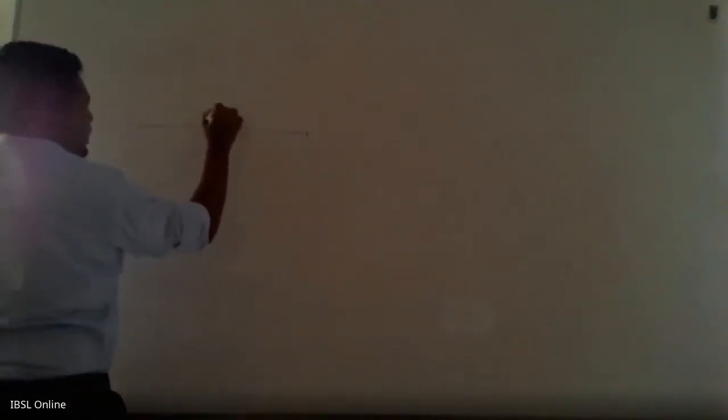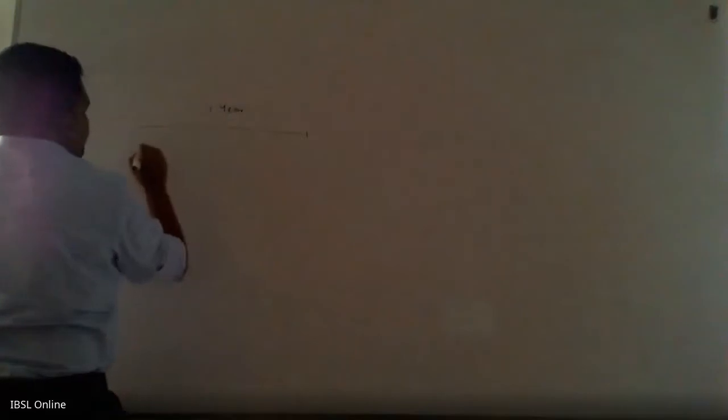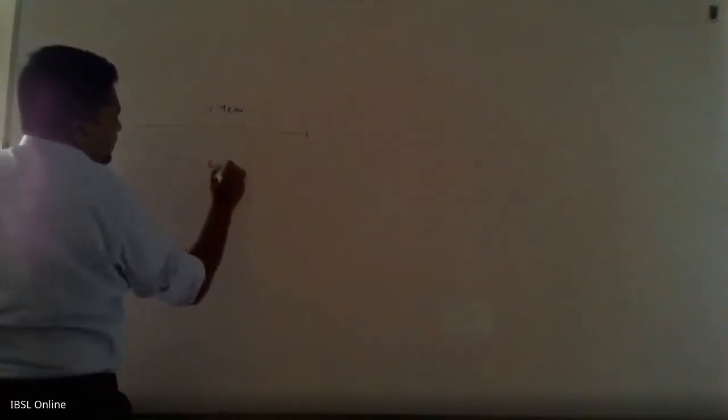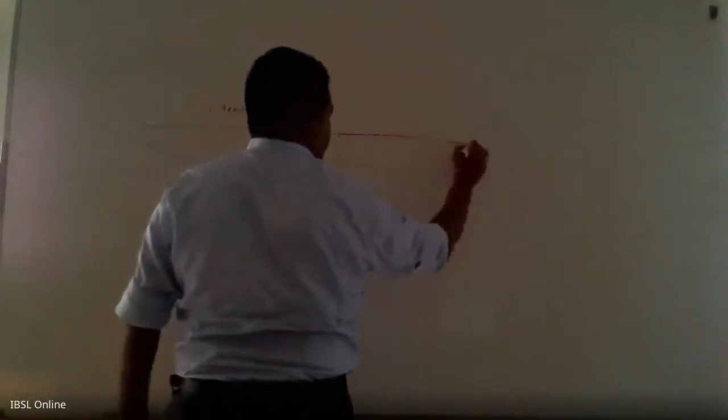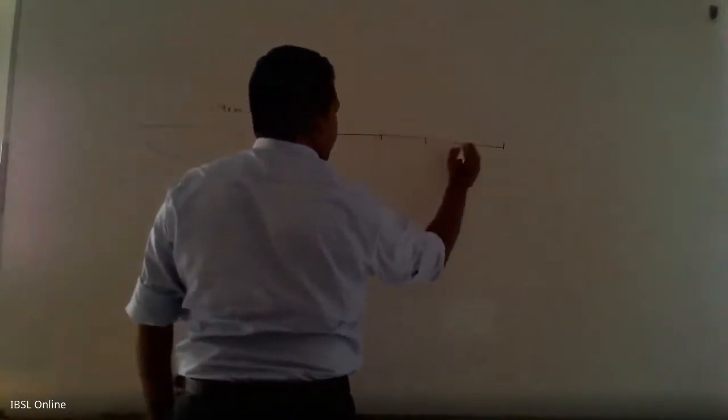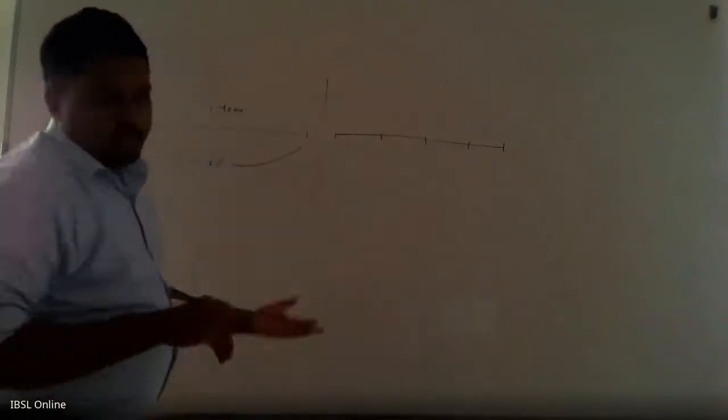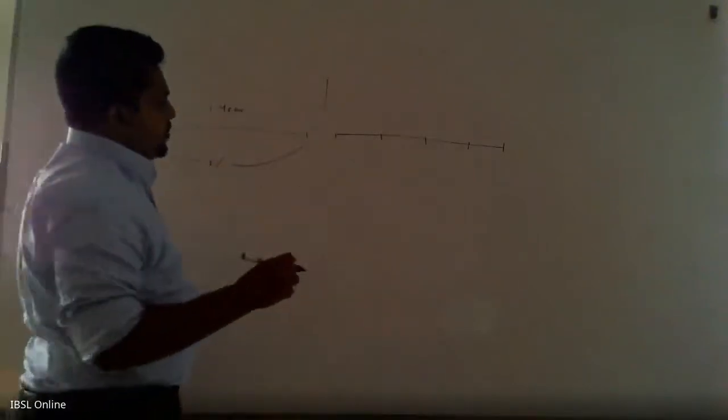Now on one side, we're going to have a period of 1 year at r%. And on the other side, let's say this is 4, but you can say m number of times.